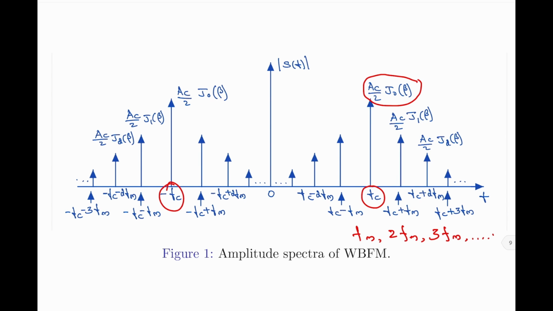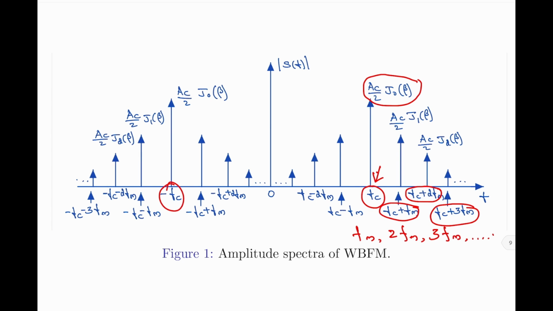This can be verified from the spectra itself. If you start from Fc, you will note that to the right of this frequency component, you have Fc plus Fm, which is at a distance of 1 Fm. Then you have Fc plus 2Fm, which is at a distance of 2 Fm, and it continues in this fashion.